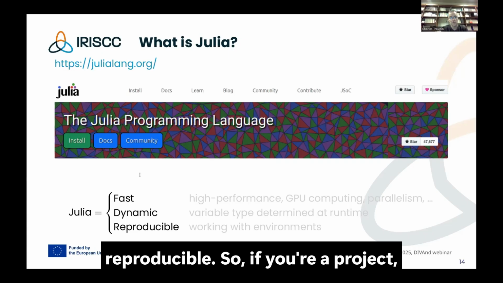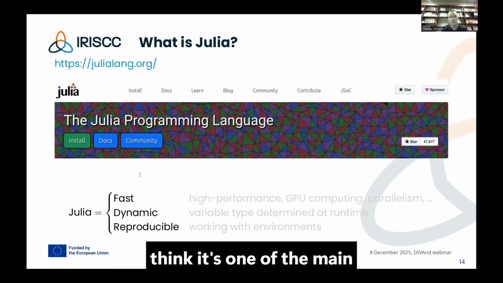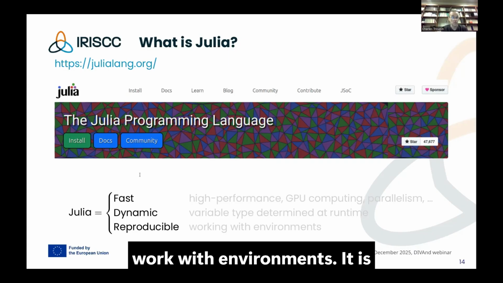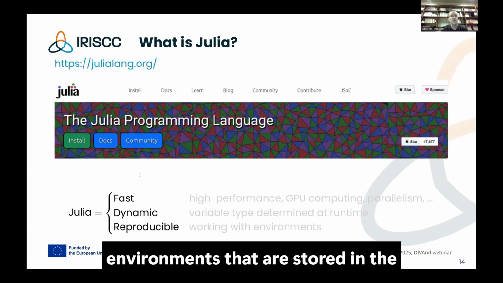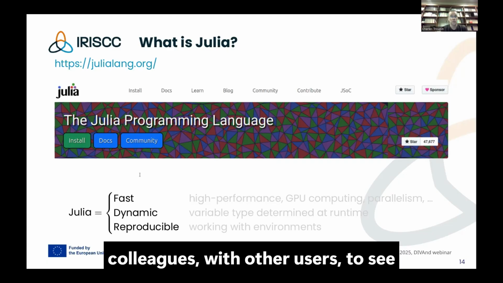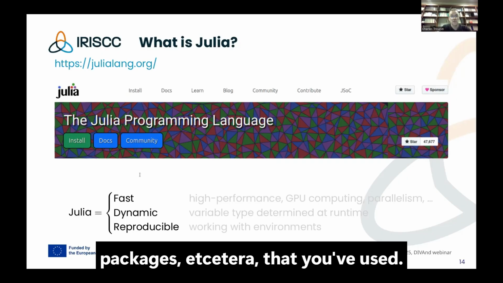So if you're in a European project, you hear a lot about reproducible, and I think it's one of the main advantages of Julia, because we work with environments that are stored in a file. You can share these files with your colleagues, with other users to see exactly which combination of packages, etc., that you've used.